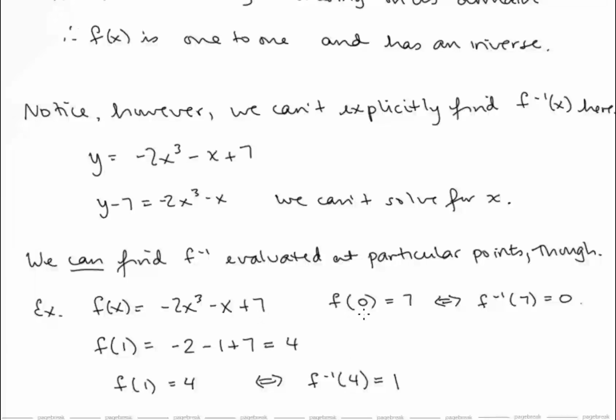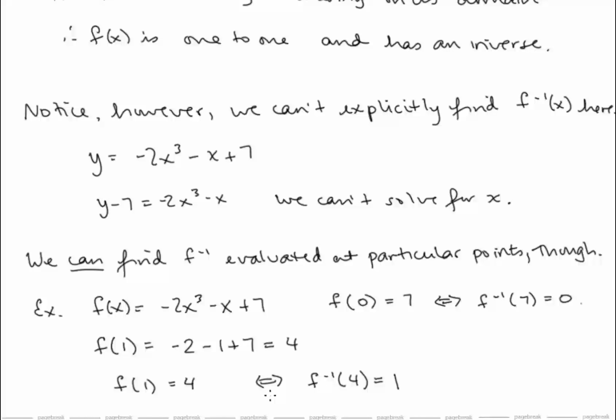For example, we know that f of 0 is equal to 7. Therefore, f inverse of 7 is equal to 0. Because we know this function has an inverse, we know we have this unique pairing of points. If f of 0 is equal to 7, f inverse of 7 is equal to 0. Similarly, we know that f of 1 is equal to 4.